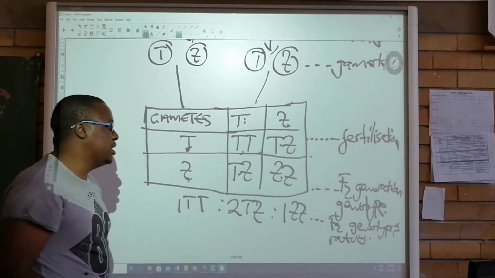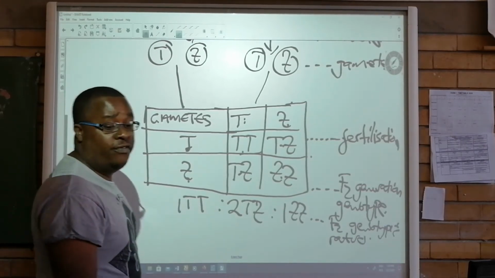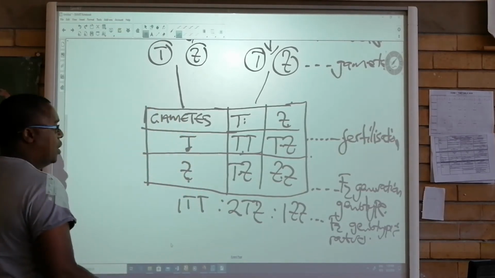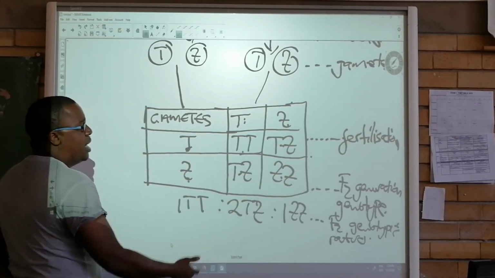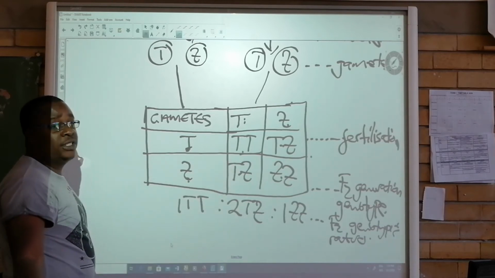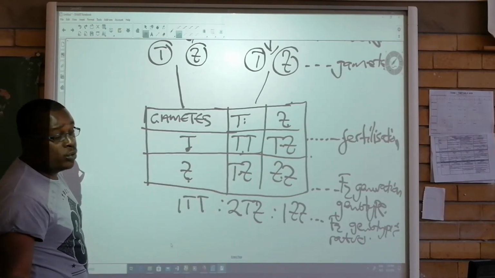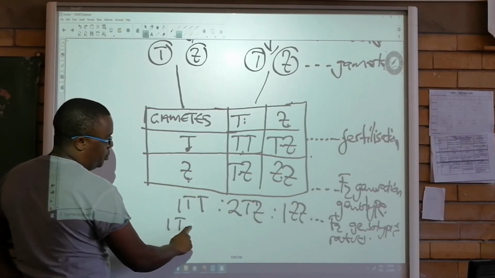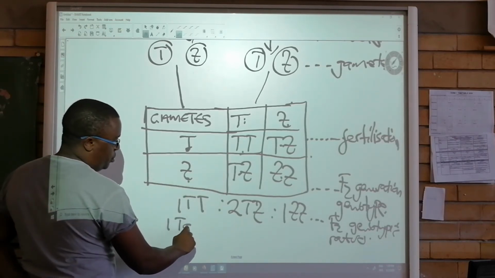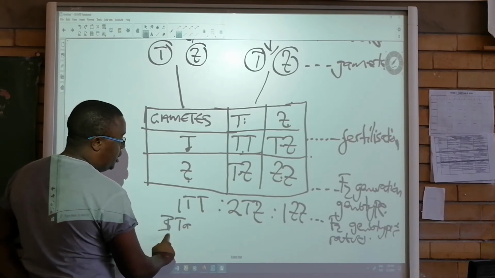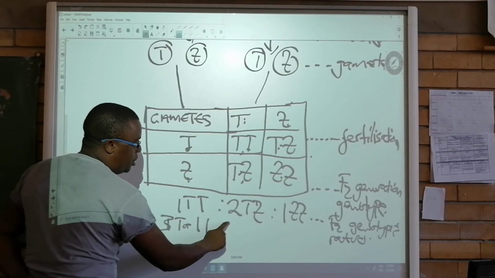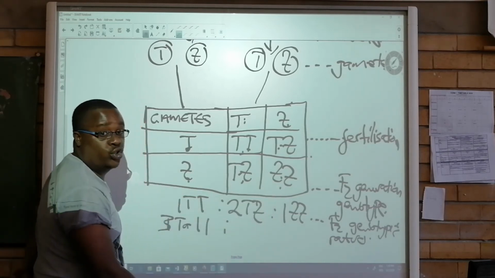And then after that, I write my phenotypic ratios. What do I have? I can start by writing my phenotype, my F2. What is my F2? 3 tall, 1 short.